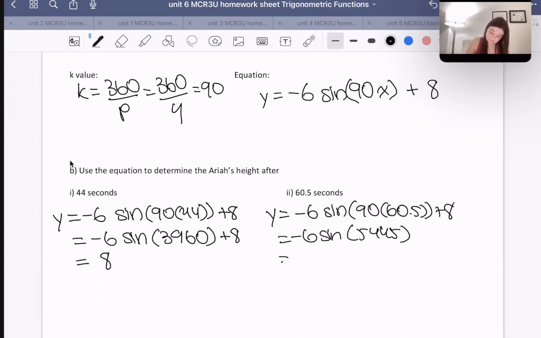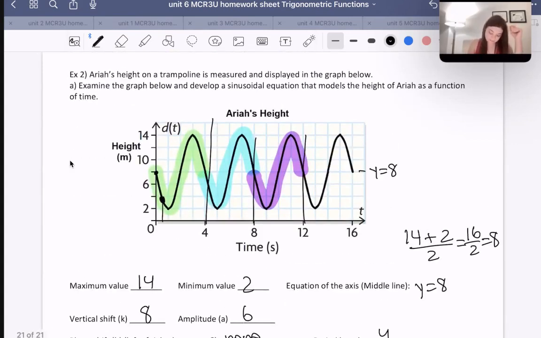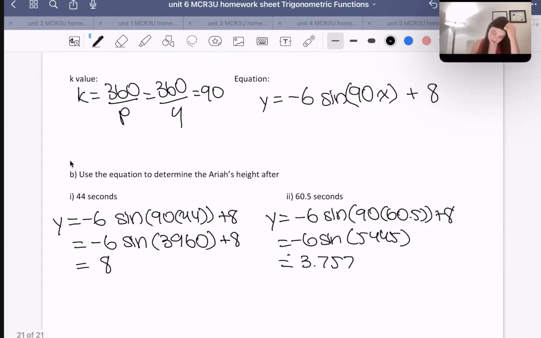I end up with 3.757 approximately, and that is around the range that we had said. And also, of course, it's between the 2 and the 14, which is also obviously a requirement there as well.